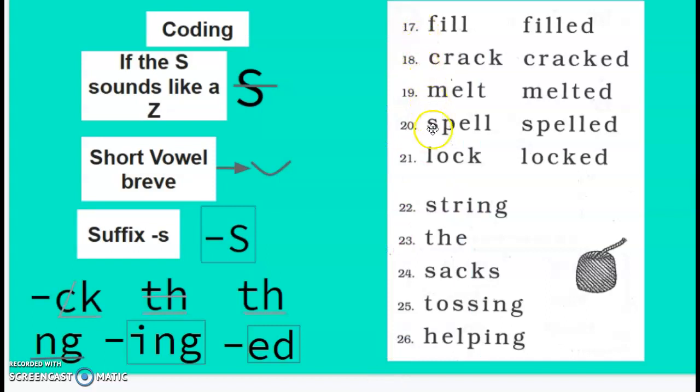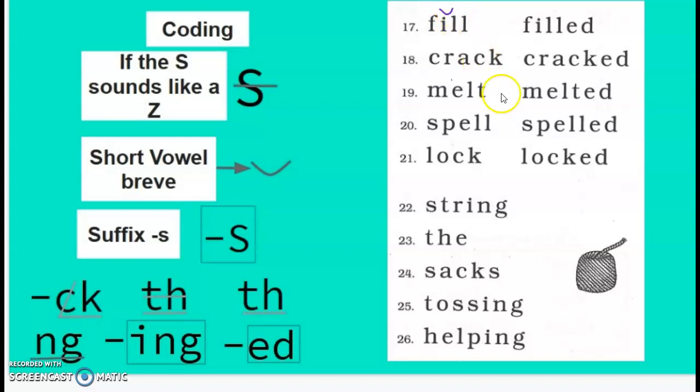Look at 17 through 21. They show us our root word and our root word with the suffix ed at the end. Let's code 17 through 21. I will help you with the first few. Fil. What do we need to do to that I? Right.